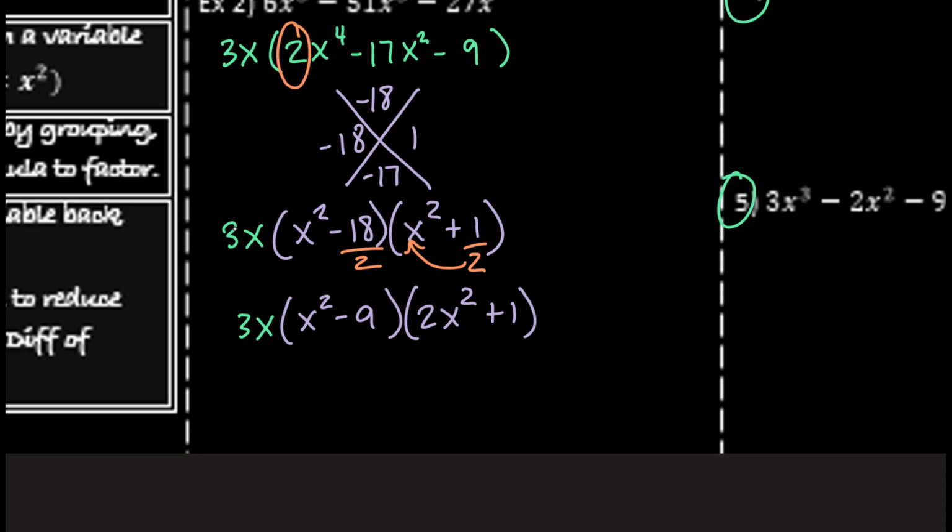Now look. Am I done factoring? No, you're not done. Take a look at all 3 of these. What did we just go over? Difference of squares. How can this be split?